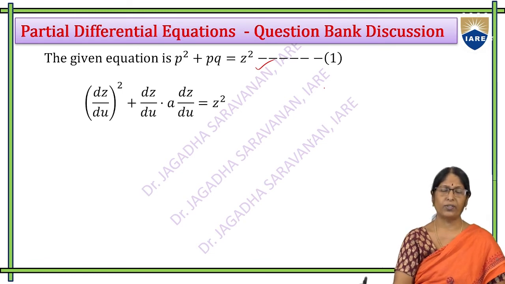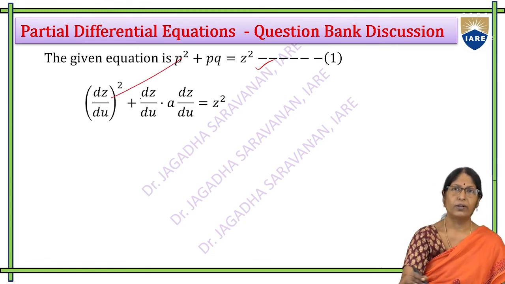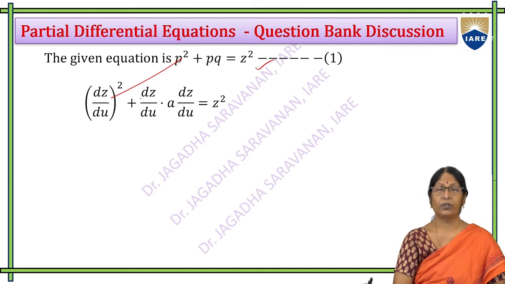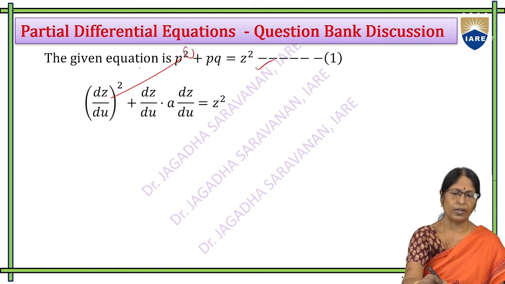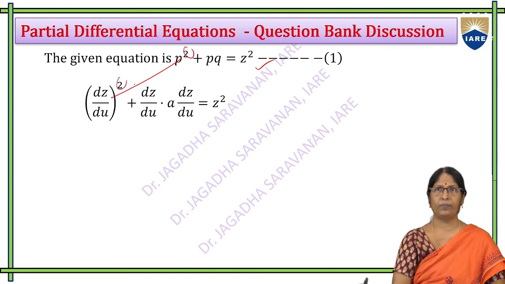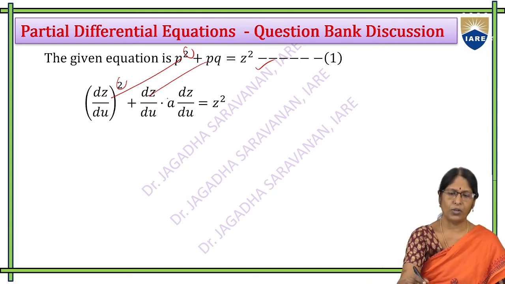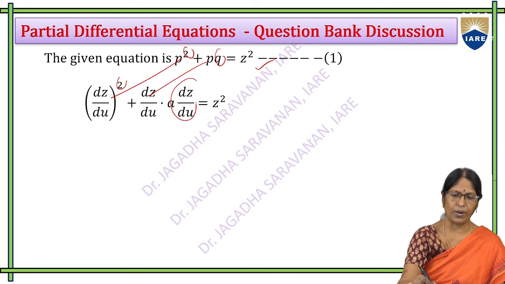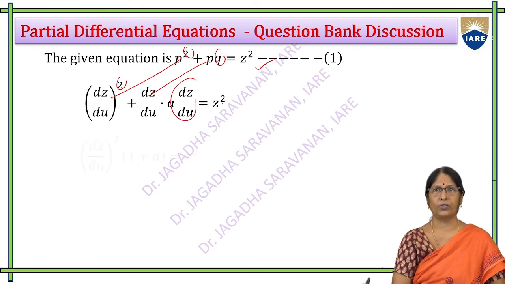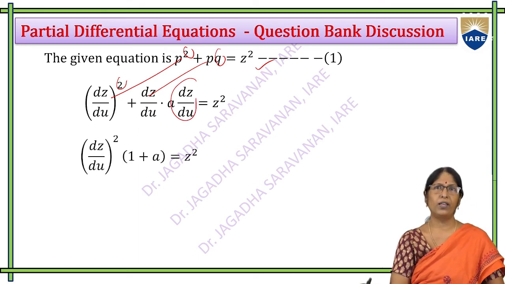We are replacing P by dz by du, the square already occurring in the equation, and Q is replaced, which is equal to z square. We take dz by du the whole square as common and put it outside.